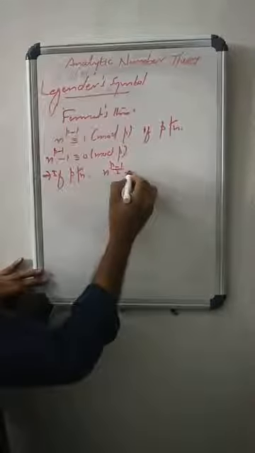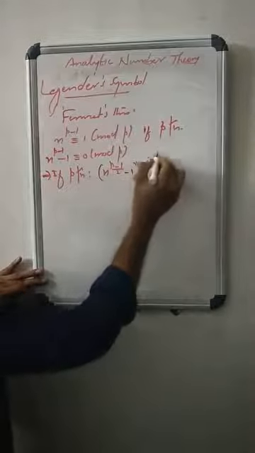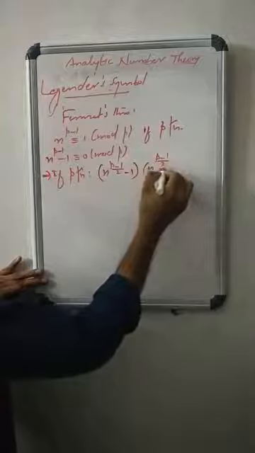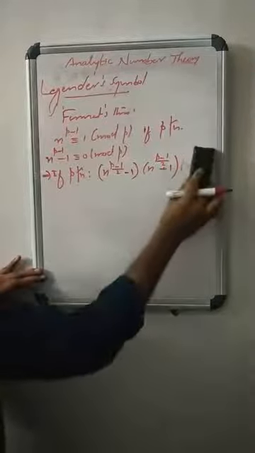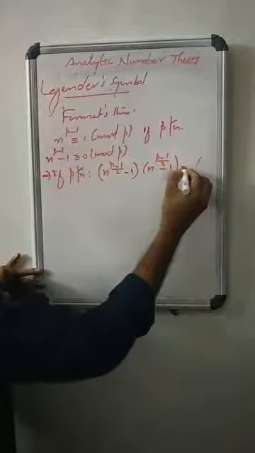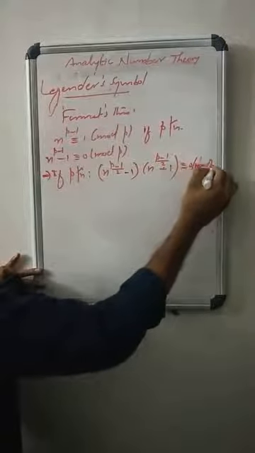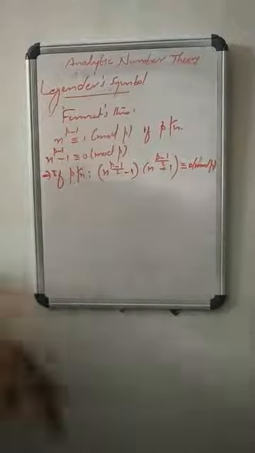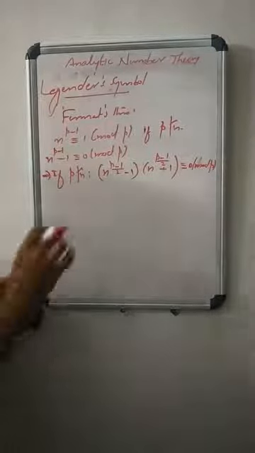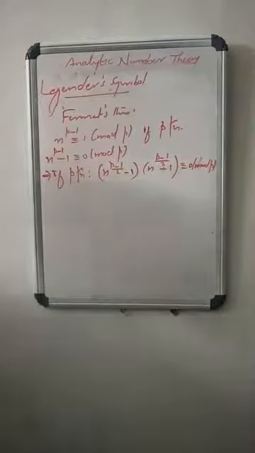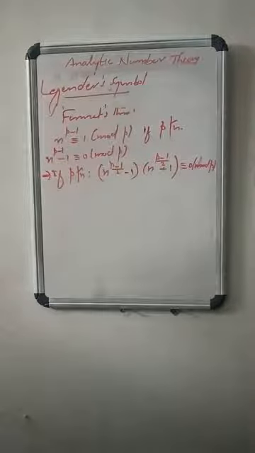Using x² − y² = (x + y)(x − y), it is (n^((p-1)/2) − 1)(n^((p-1)/2) + 1) ≡ 0 mod p.